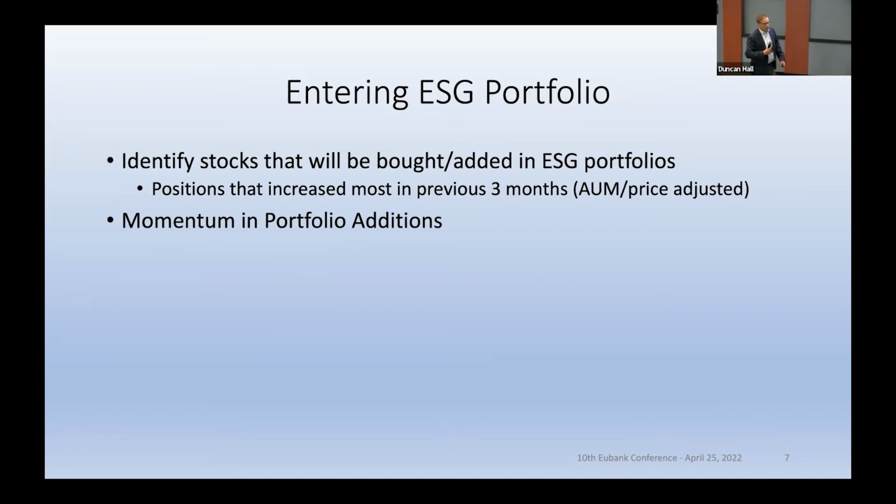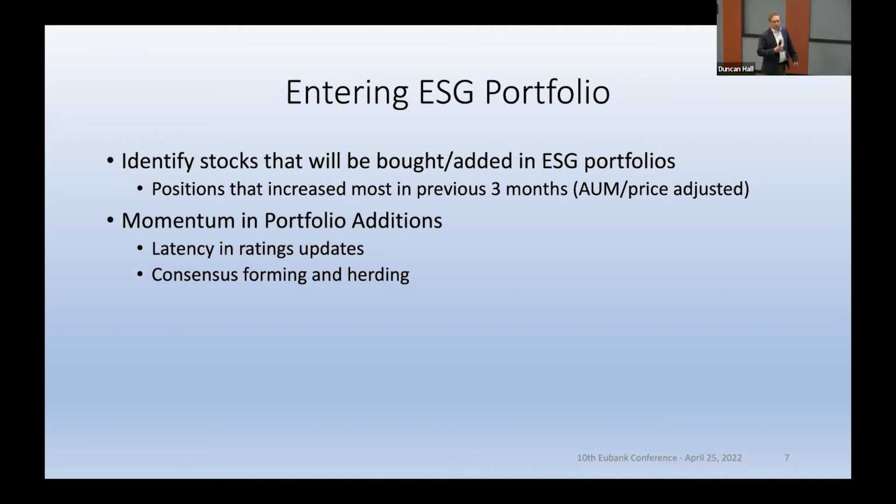So the question is, why is there this momentum in the portfolio additions that we've identified? Well, one is that when a company changes its policies, it takes a while for the various ratings agencies to update their scores to reflect that, perhaps the company's board has more diversity than it did before.